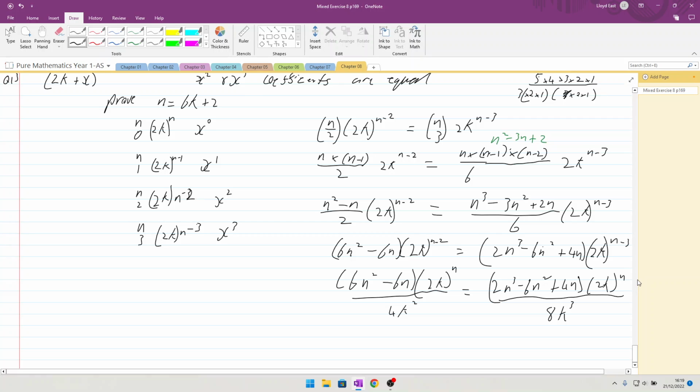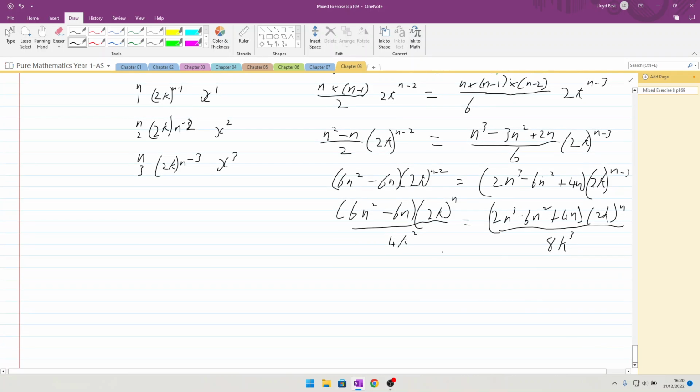Not entirely sure how that's helping me. I can take that out, I can take that out. That should just give me n minus 2. Okay, because this is all multiplied, let's go up here.